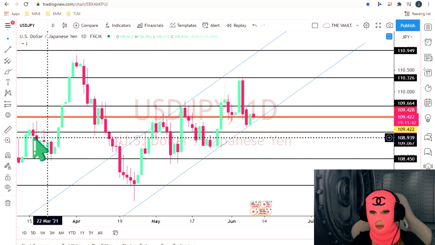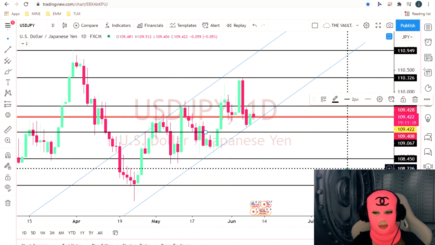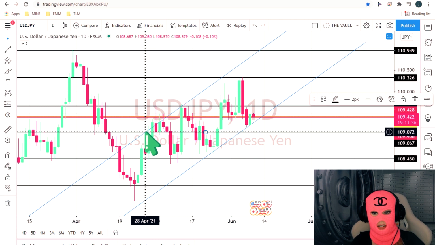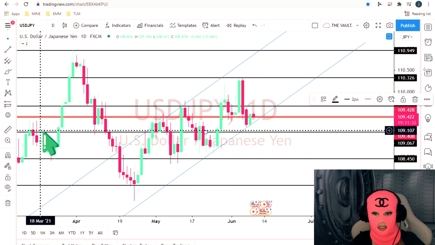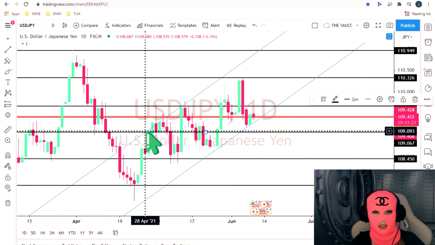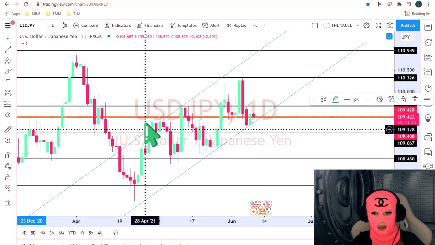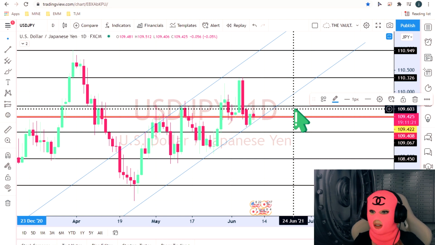If you identify previous support and resistance levels, which are these black lines on the daily, you would see that here on this previous resistance, now support, and then resistance again level, plus this uptrend line, that gives you already 2 points of confirmation beyond anything else you're going to do.